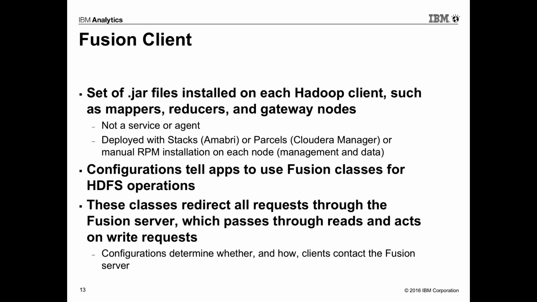Fusion Client. Fusion Client is a set of jar files installed on each Hadoop client, such as mappers, reducers, and the gateway nodes. It's not a service or agent, so it can be deployed with stacks in Ambari or parcels, if you have Cloudera Manager, or you can just do a manual RPM installation on each node.